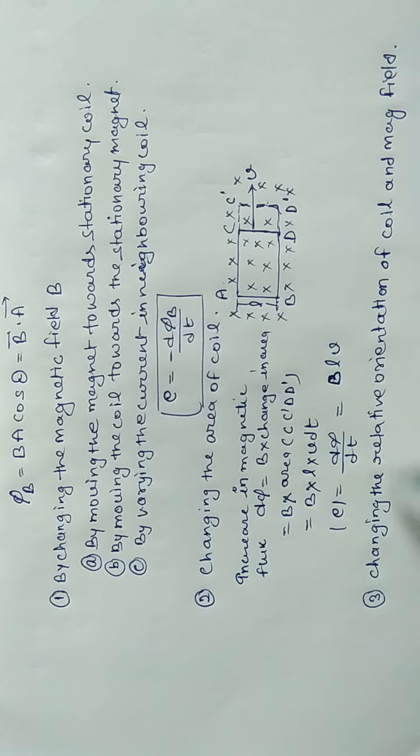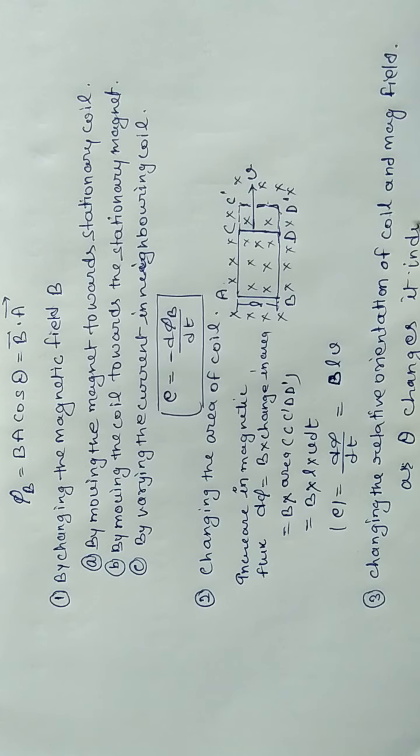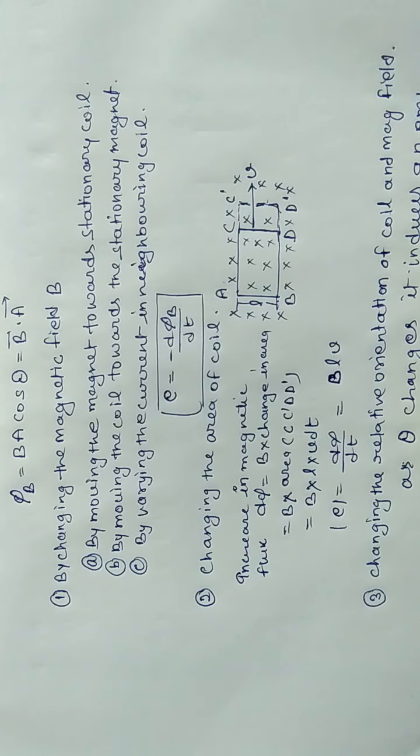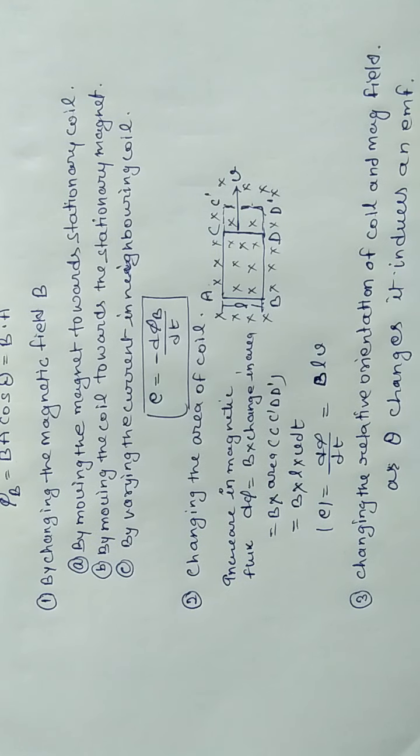If you rotate the coil in the magnetic field, then theta changes, so the magnetic flux linked with the coil also changes. Means for the third method we change theta. As theta changes, it induces an EMF. So here we have discussed the three methods of producing the induced EMF.